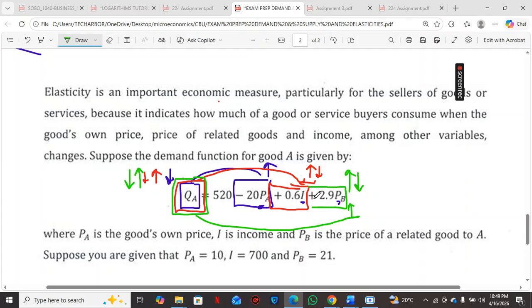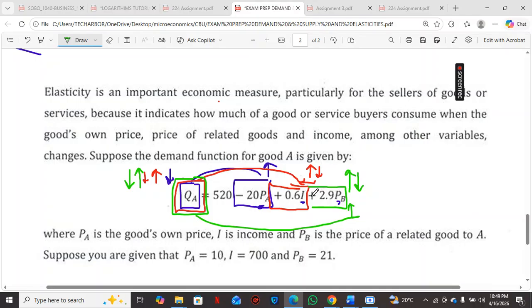So even without calculating the cross price elasticity of demand, how quantity demanded of good A responds to changes in price of good B, we can tell because of this positive sign that good A and B are substitute goods.